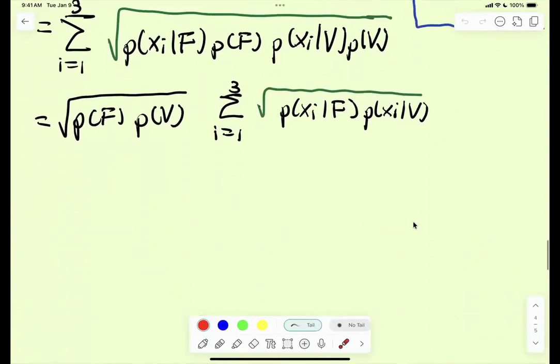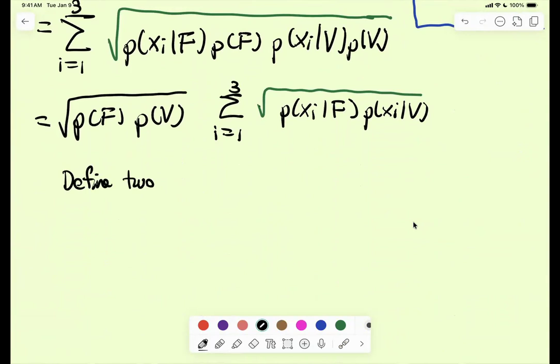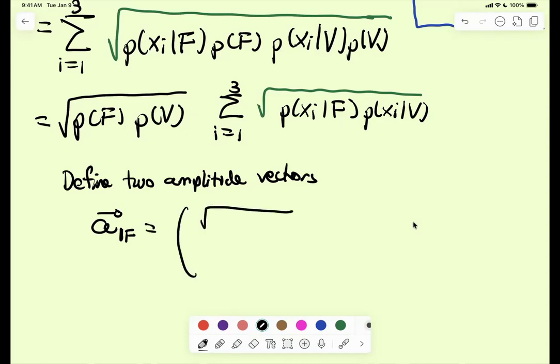So just to finish interpreting this formula, what you can do is define two amplitude vectors. Usually in probability theory, when you're conditioning on something, you put a vertical line, as you have seen here. One is an amplitude vector of these conditional probabilities, in square roots.